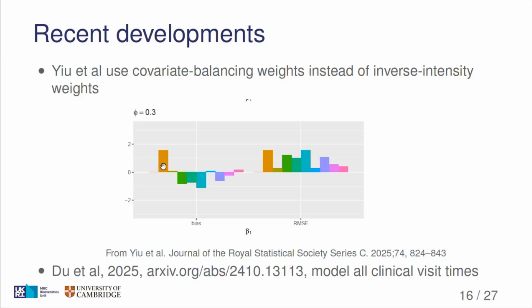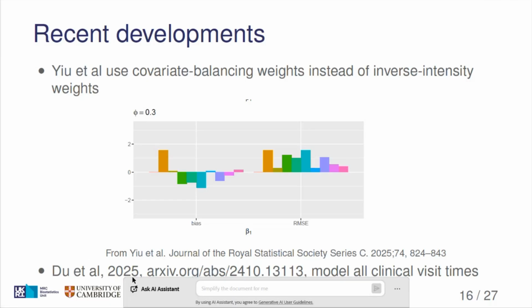In this particular scenario, there's substantially more bias from fitting the linear model. The other bars here are all various inverse weighted models, with the covariate balancing models being the ones that are showing essentially no bias here.